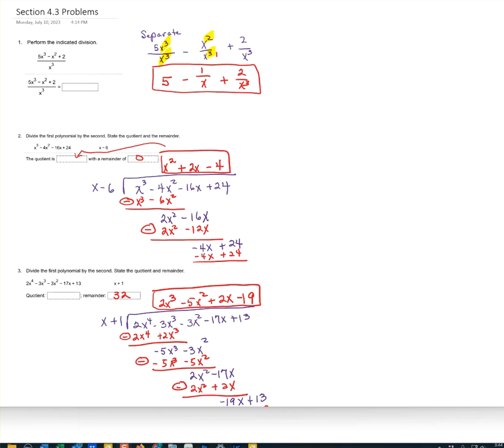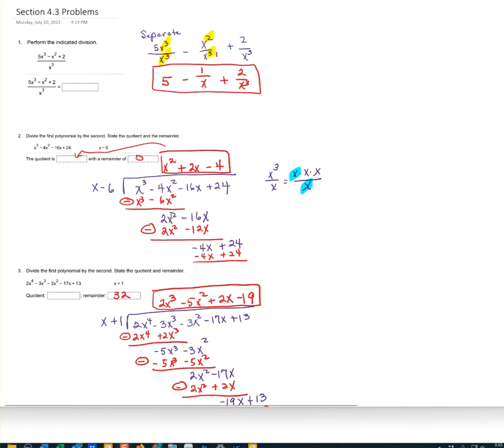So if we have x cubed divided by x, remember that's the same as x times x times x over x. And so those two are gone, and you're left with x squared on top.